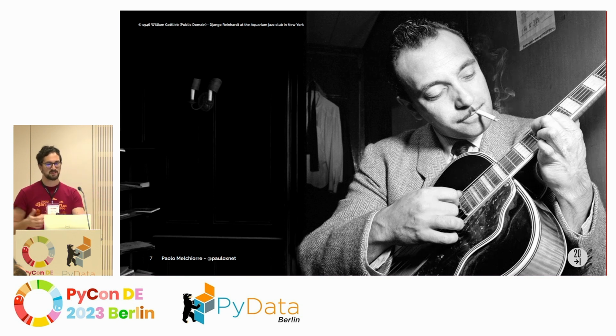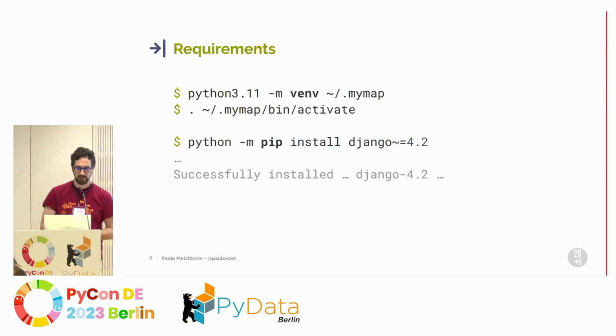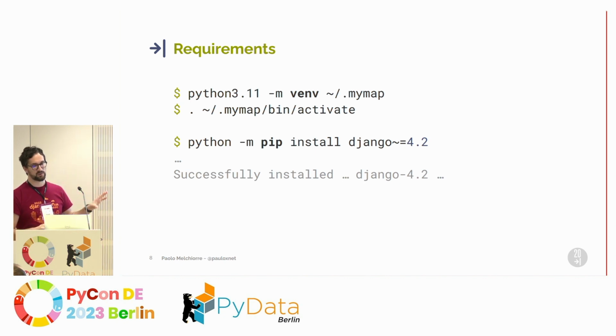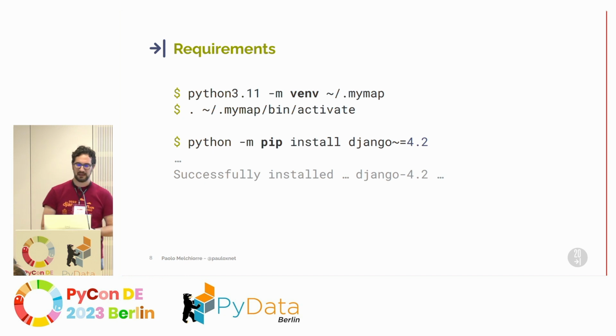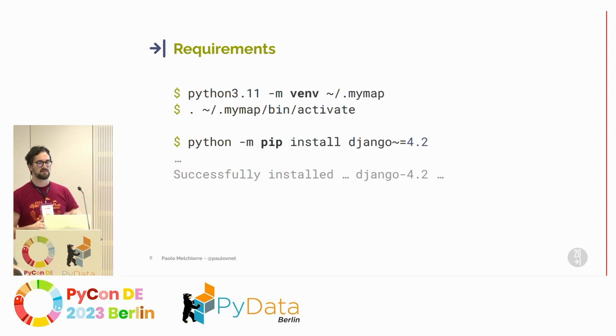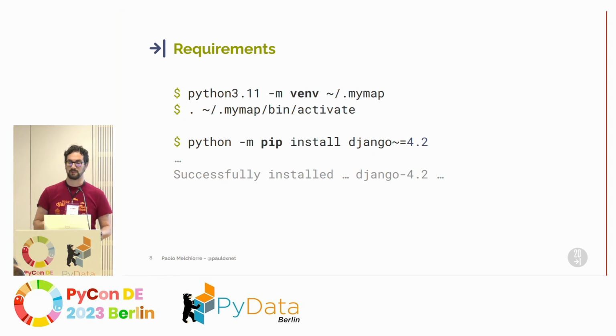So to do this, as you can imagine, we are going to use Django, my preferred Python-based web framework. The requirements to create our map with Django are a stable and supported version of Python and the latest stable version of Django itself. In my example, I've installed all of it in a virtual environment.